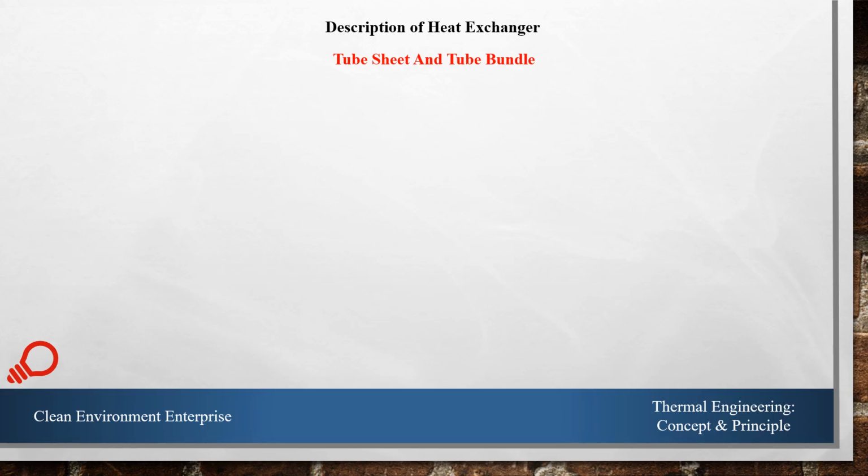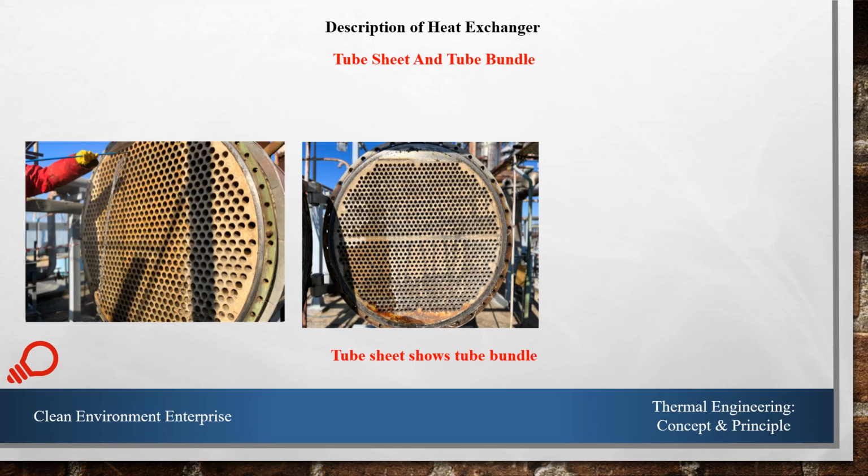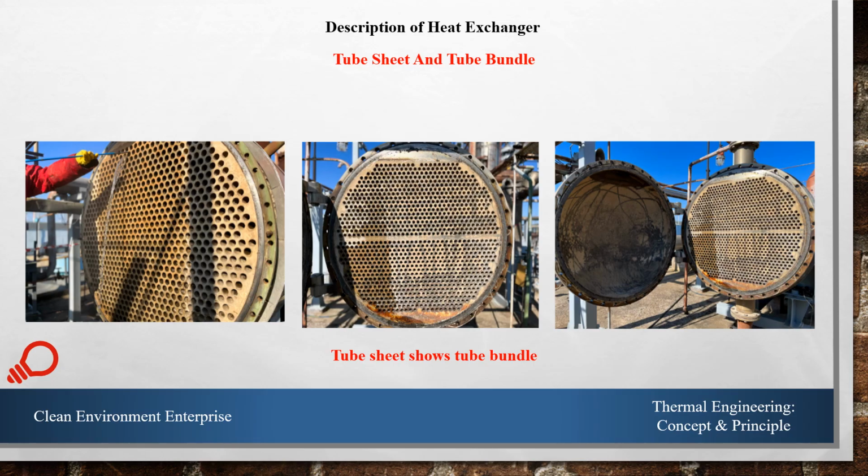One of the main components of this type of heat exchanger is the tube sheet and the tube bundle. In this photo, we may see that there is a tube sheet, and the tube sheet, in fact, is a piece of metal perforated with holes, and these holes usually correspond to the number of tubes of the heat exchanger.